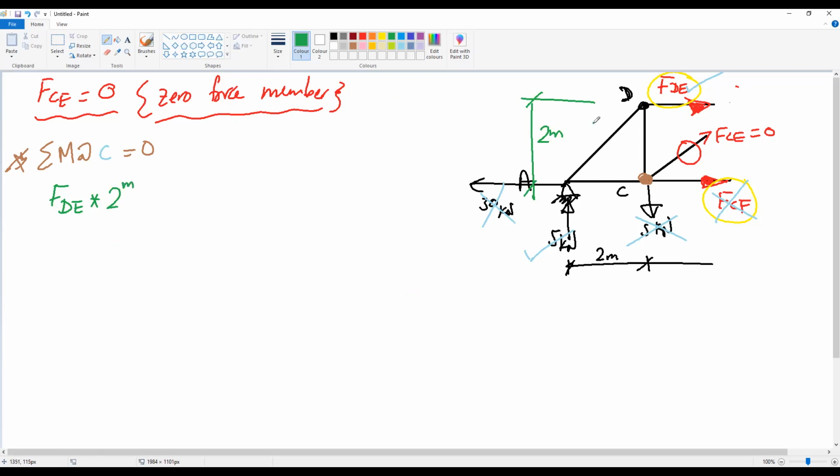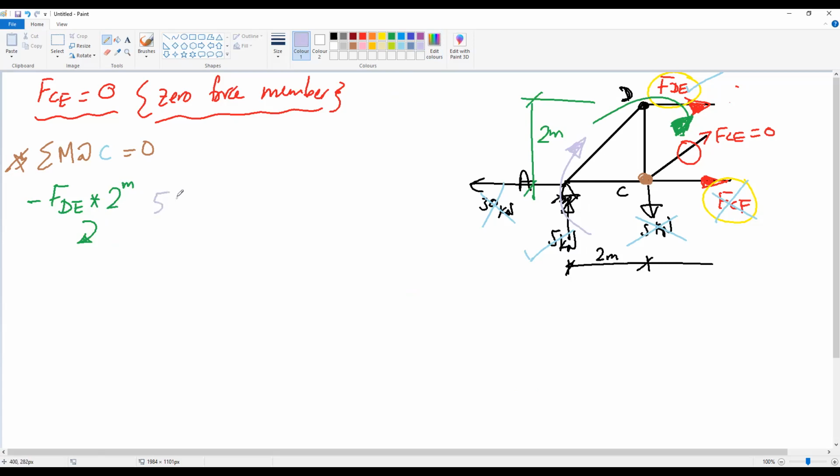Is this force rotating clockwise or anti-clockwise about C? Clockwise, so I will put negative. This 5 kilonewton is also rotating clockwise.